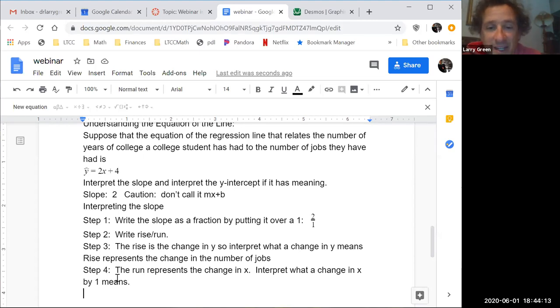What's a change in x by 1 for this example? In particular, it's 1 more year of college, or an additional year of college. Isn't that what a change in x by 1 means?